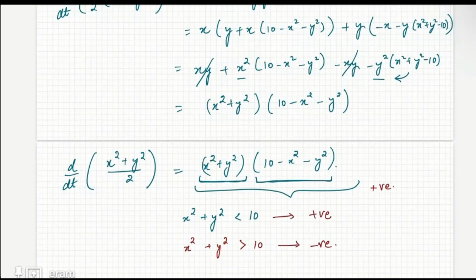So what does it mean? And at exactly 10, the derivative of x square plus y square will be exactly 0.